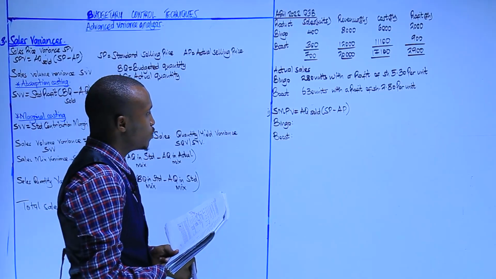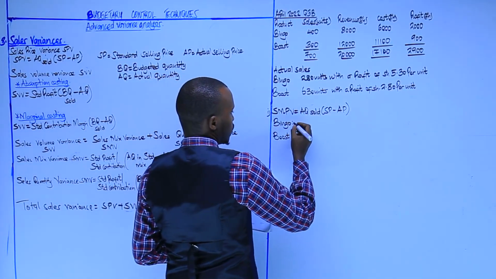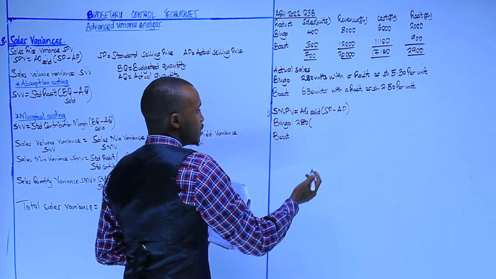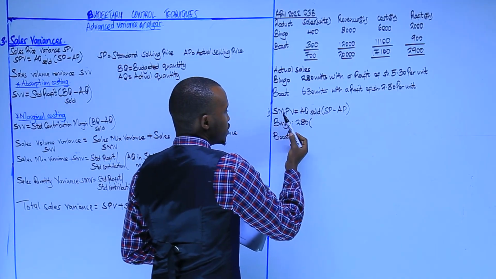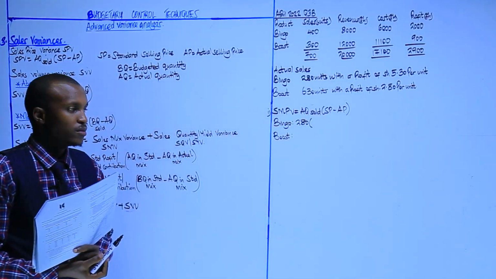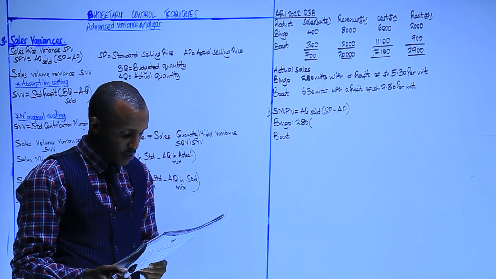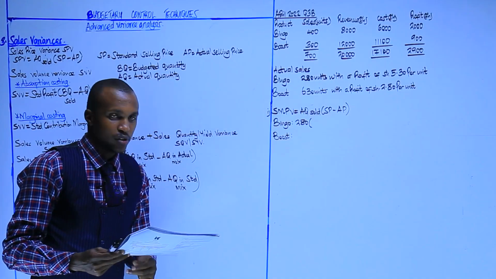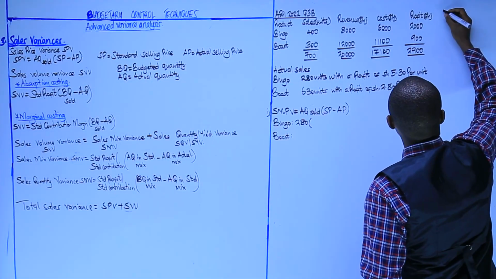Your actual quantity sold was 280, multiplied by the bracket. For margin, they simply wanted you to realize that you're supposed to use profit. So let's get your profit per unit.